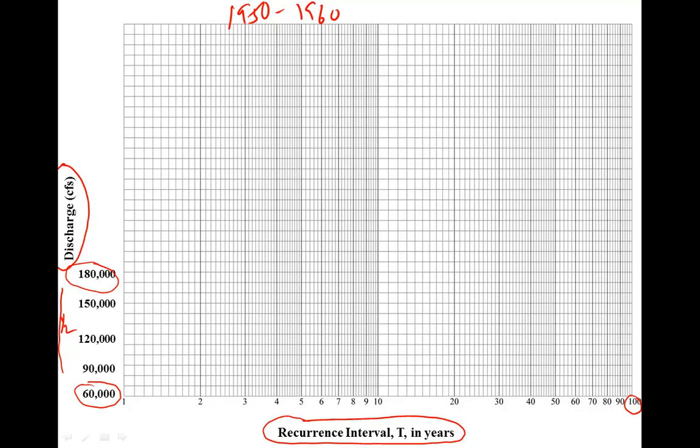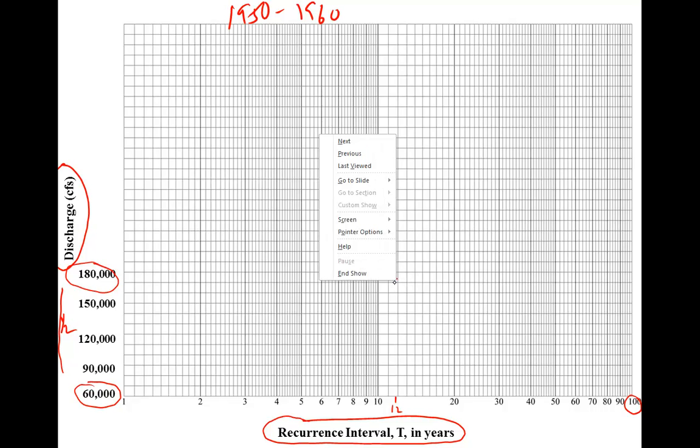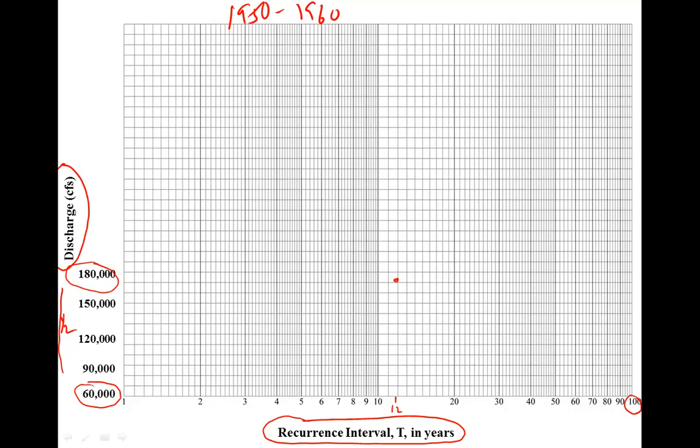So the flood with recurrence interval 12 in the 1950 to 1960 data set has a discharge of 174,000 cubic feet per second. So it's going to plot about right there. The flood with a recurrence interval of 6 years has a discharge of 155,000 CFS, plotting about right there.